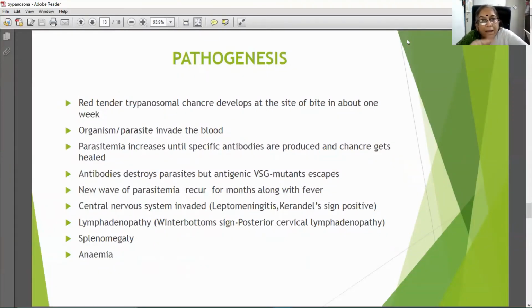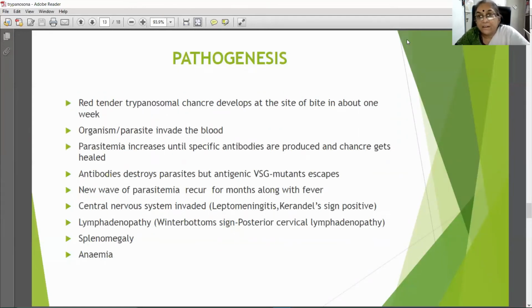Now, this parasitemia that is developing, that is, whenever the parasite starts multiplying, the person will suffer from parasitemia, and it is going to increase until specific antibodies are produced in the body against these parasites. If antibodies are produced, then the chancre gets healed. The antibodies will destroy the parasites.